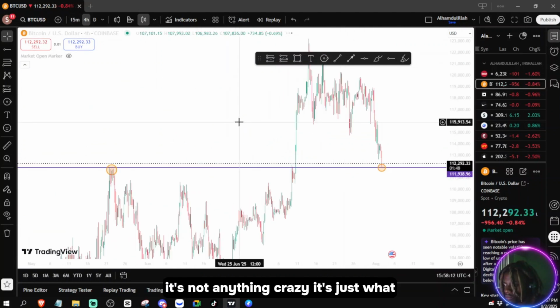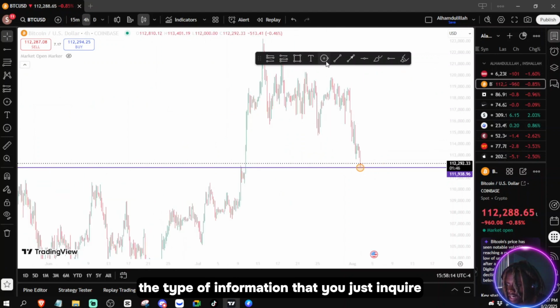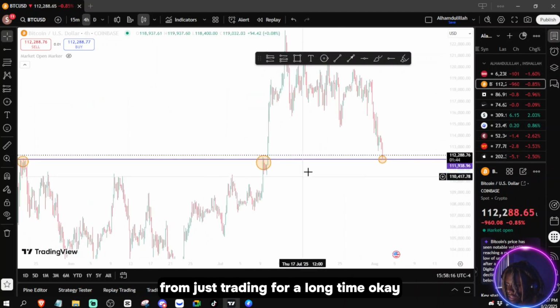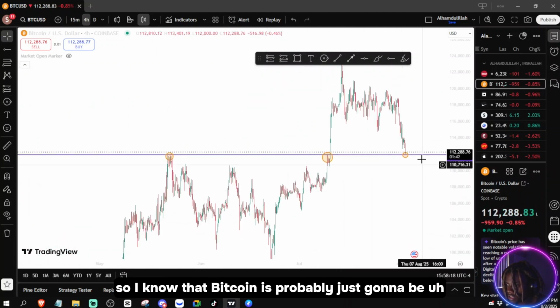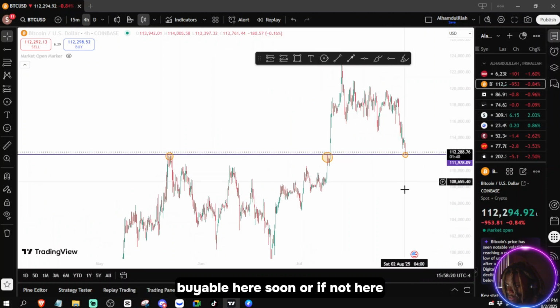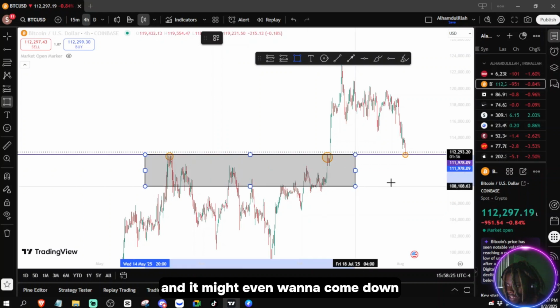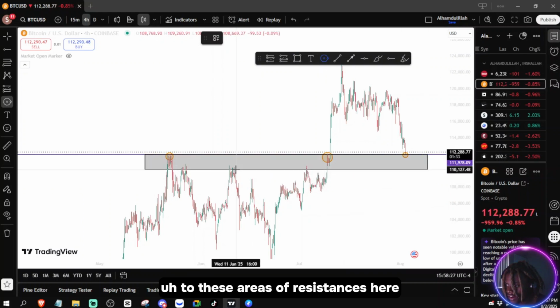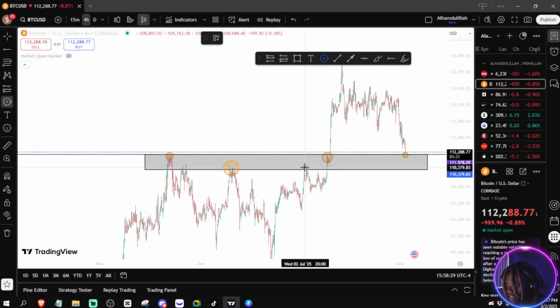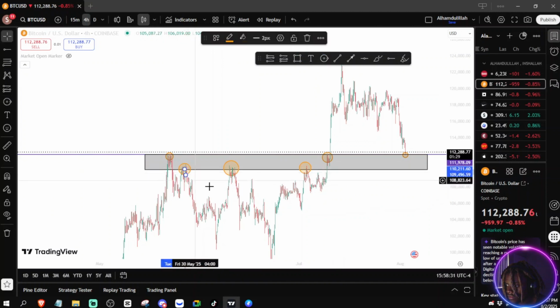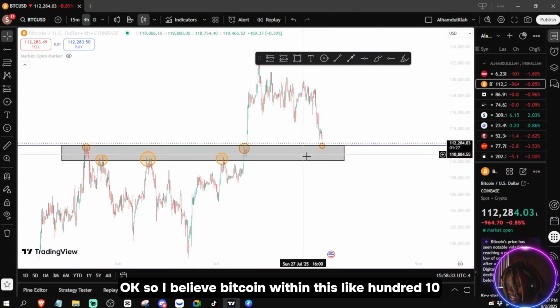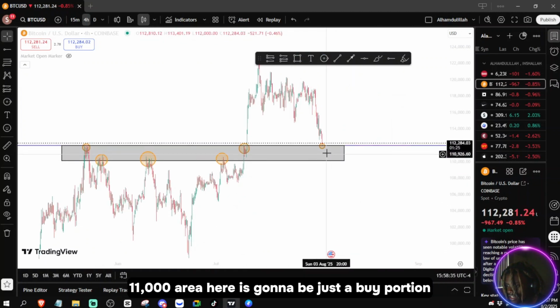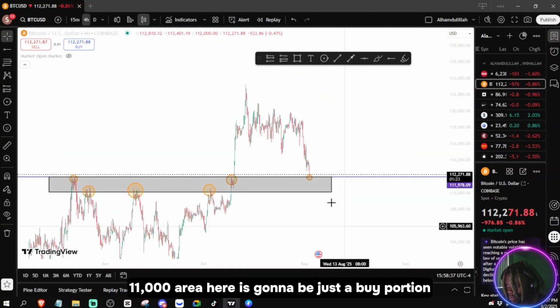It's just the type of information that you acquire from trading for a long time. So I know that Bitcoin is probably just going to be buyable here soon, or if not here, it might break past this area, and it might even want to come down to these areas of resistance here. I believe Bitcoin within this 110, 111,000 area is going to be the buy portion.